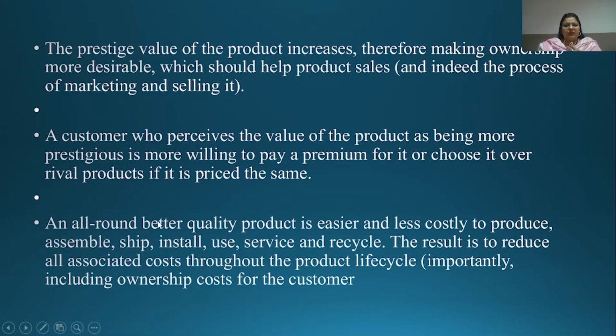So basically, all-round better quality products are easier and less costly to produce, because assembling, shipping, installing, use, service, and recycling are very costly. That's why it is very difficult to produce a low-cost product.